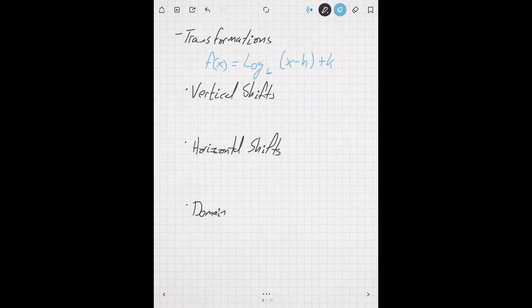Meaning, what would happen if instead of having the argument of just x, we put in an expression for the argument? And what would happen if I took the whole logarithmic function and added a value to it, or subtracted a value from it? What I want us to do is take a look at Desmos and play around with some sliders on there.